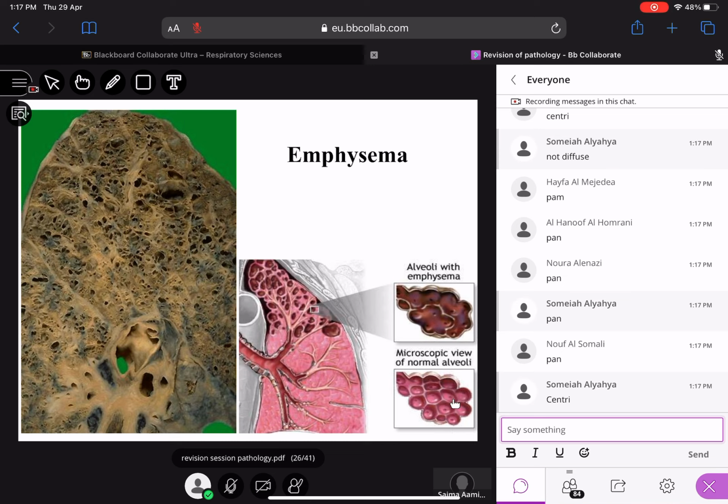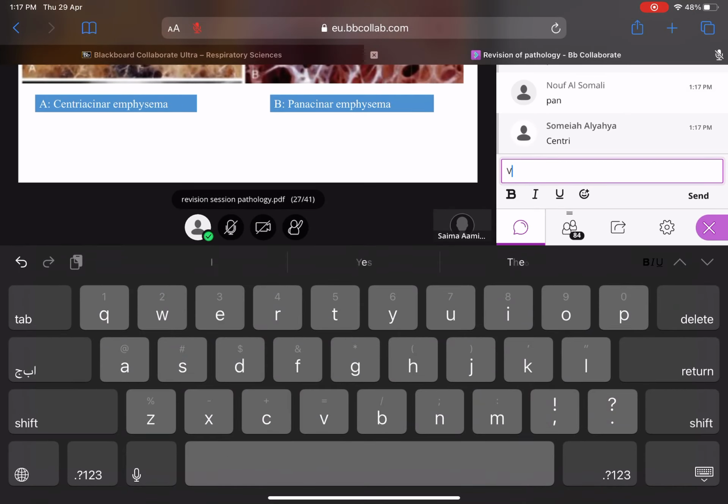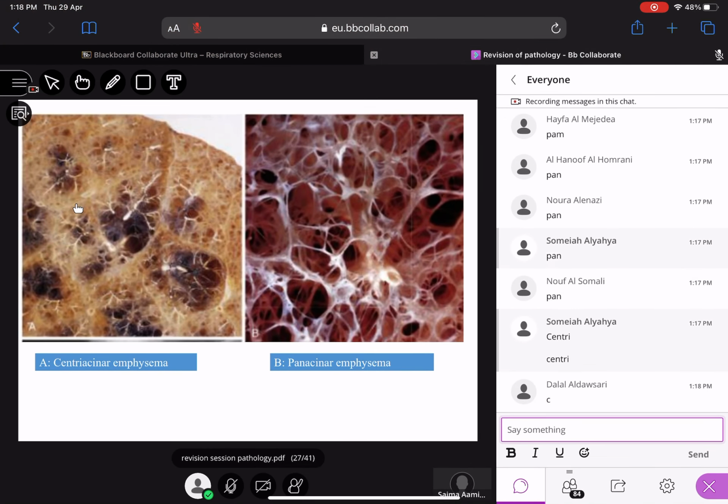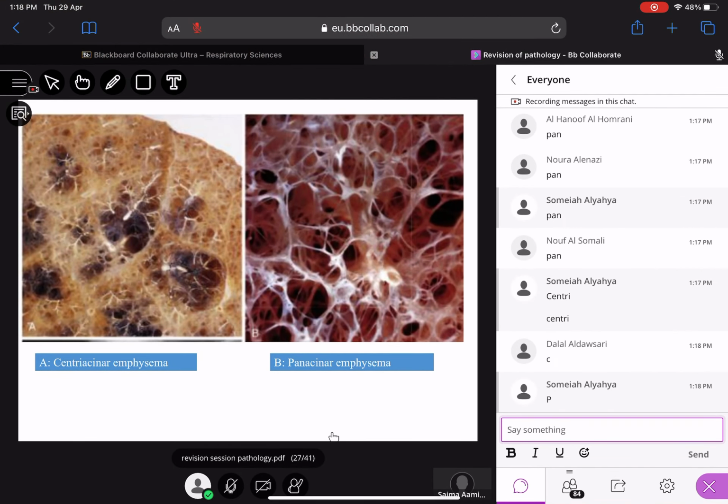Yes. So these are the normal alveoli, their walls are destroyed, and you can see that they are joined together to form larger air spaces. What about this one? It's very clear. Centriacinar, yes, and this one? Panacinar. Very good.